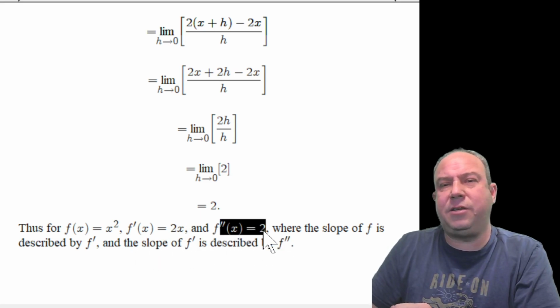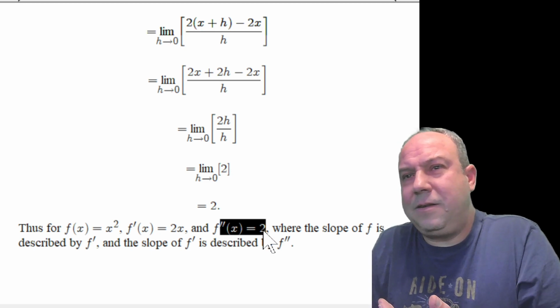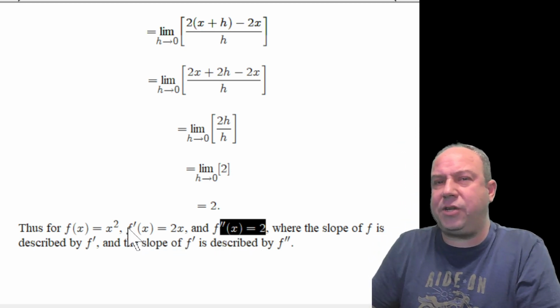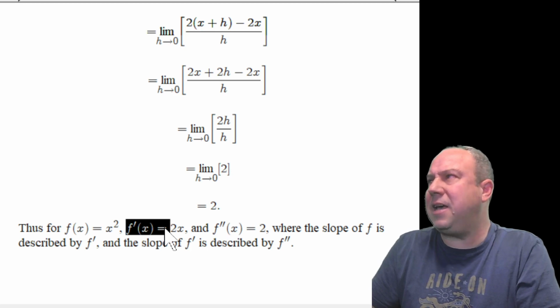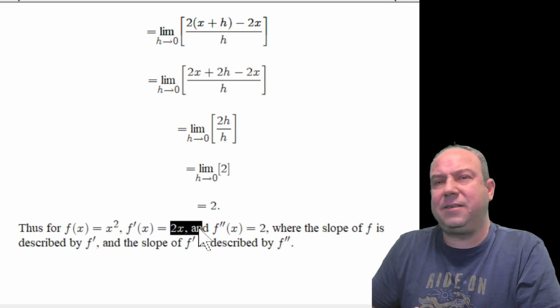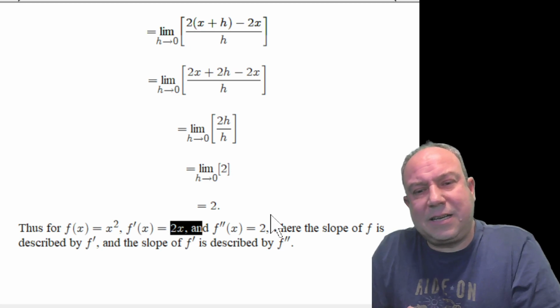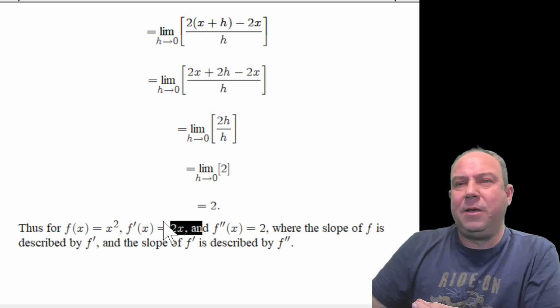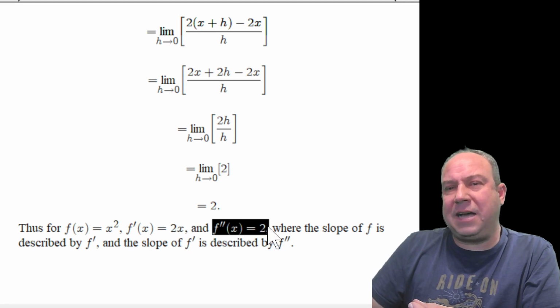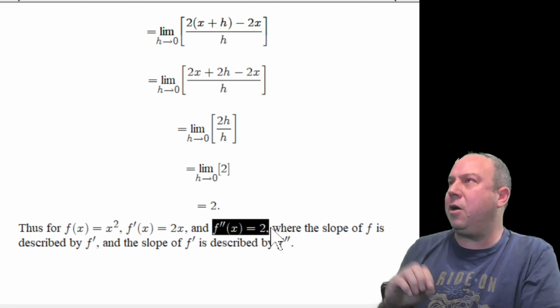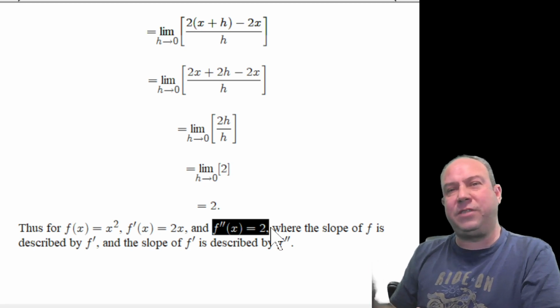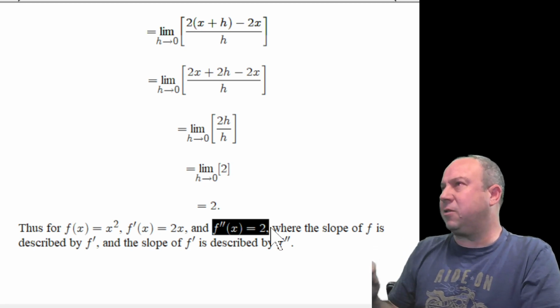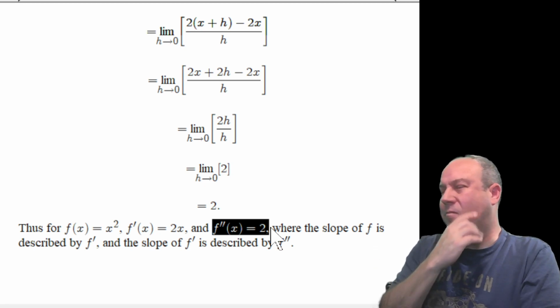It's described by 2. And again, if we go back and look at the illustration of f prime, that does make sense. 2x is a linear function with a constant slope of 2. So what would describe the slope of the lines tangent to the curve? Well, they're all going to be constantly the value of 2, which the second derivative tells us.